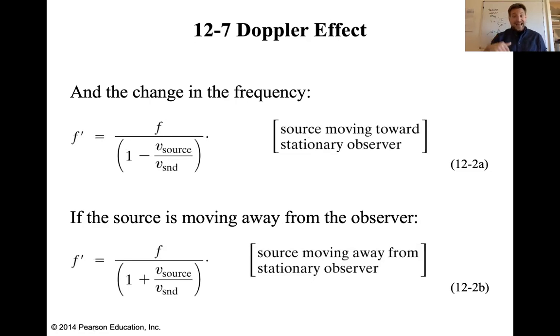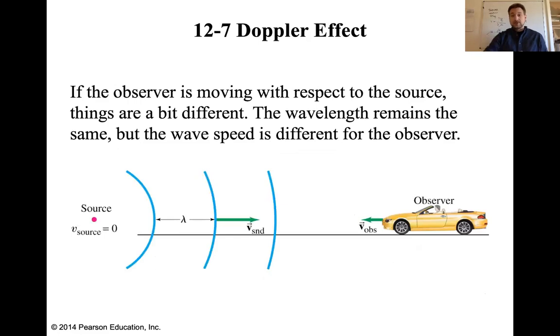So divide by a half, we end up multiplying by 2. If the source is moving away from us, because we change to a plus sign, the denominator is larger than 1, and we end up dividing by a number larger than 1, so that decreases the apparent frequency that we observe, F prime.